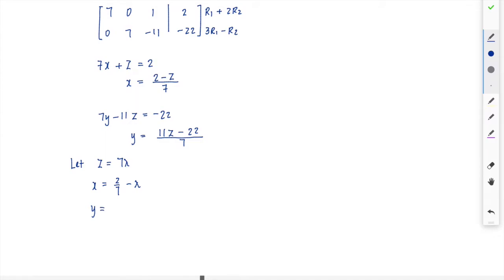Y would be 11 z, well, so z is 7, so 77 divided by 7, so 11 lambda, and then minus 22 over 7 like that, and then obviously z is going to be 7 lambda. Okay, so this is the parametric form of the line of intersection.